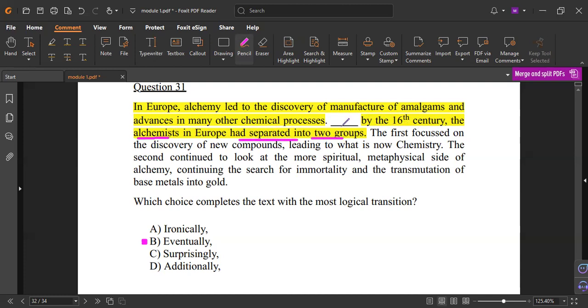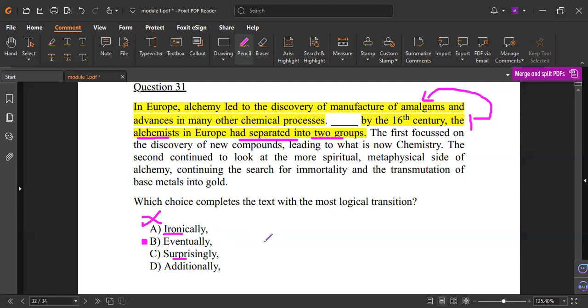This action happened after this action. Wait, why is A wrong? Ironically, from the word irony, is the following opposite? Because irony means you use opposite ideas to something mentioned before. Is this part opposite to this part? No. So it is wrong.